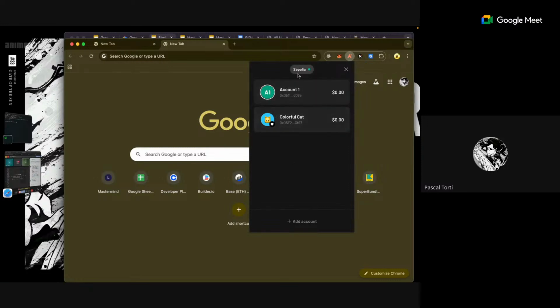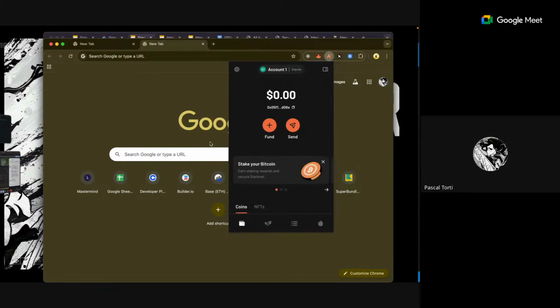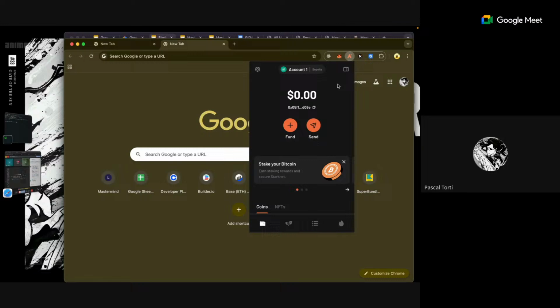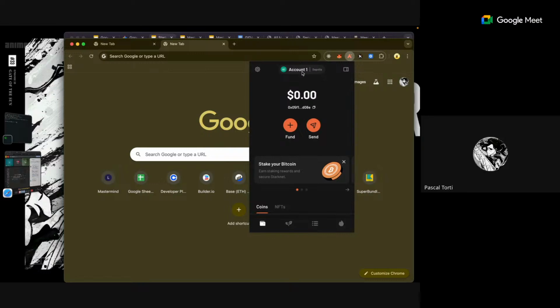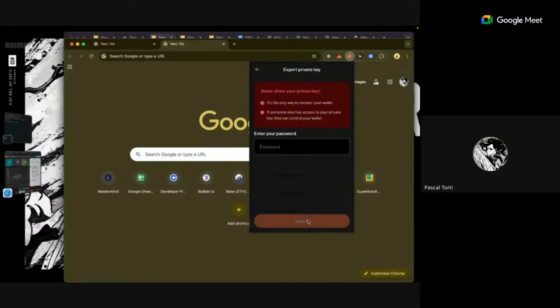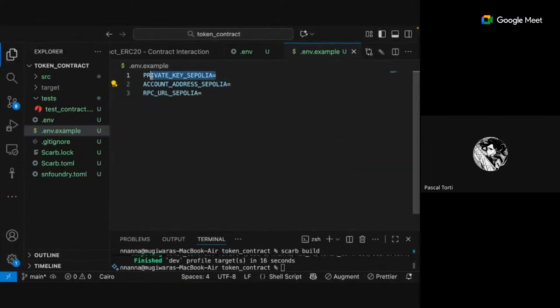The first thing you're going to do is copy this address. Then for your private key, you also click here, click on these three dots, then export private key. You put in your password, then you copy your private key. Once you copy it, you come here and put it in here. Your RPC is always set, so don't bother about it.